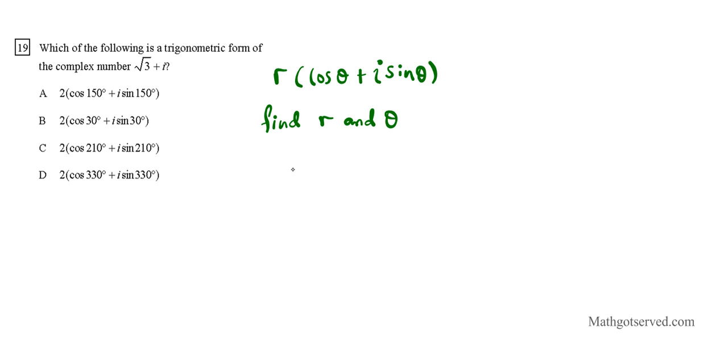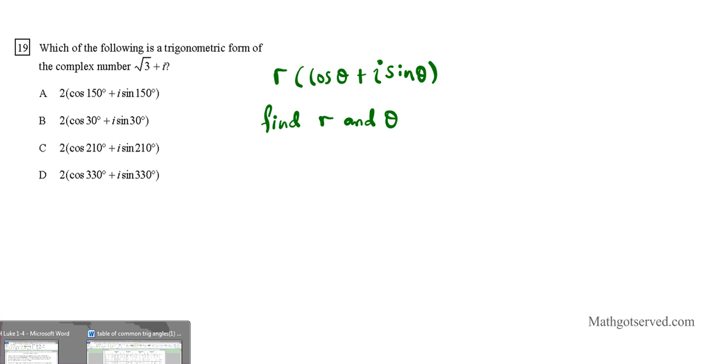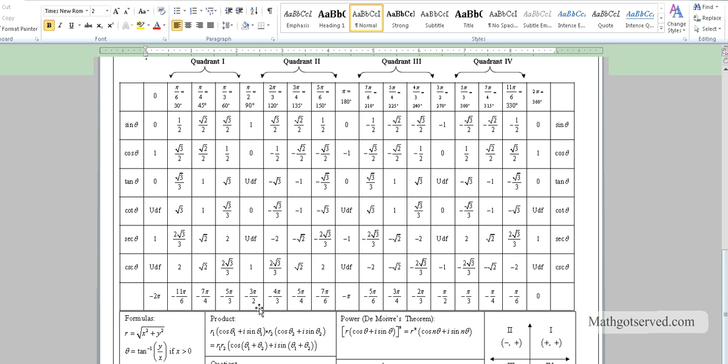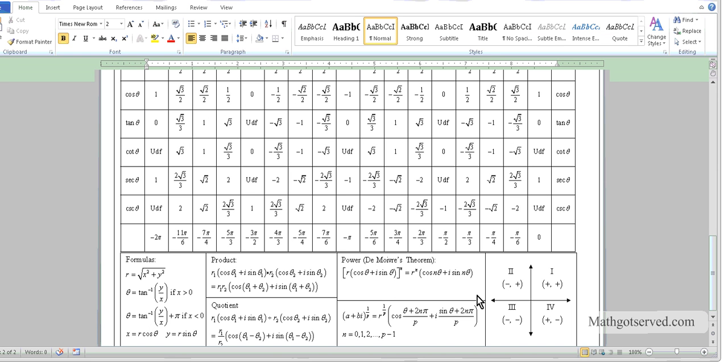All right, we're going to apply two formulas that are included in your formula sheet. Let's call that up real quick. So we're looking for r and theta. If you look on the bottom of your formula sheet, you see the formulas here for r and theta. This is to find r and theta, and then this is to find x and y.